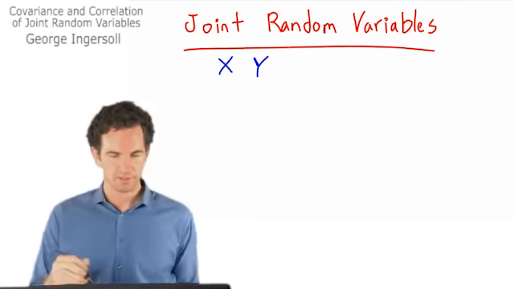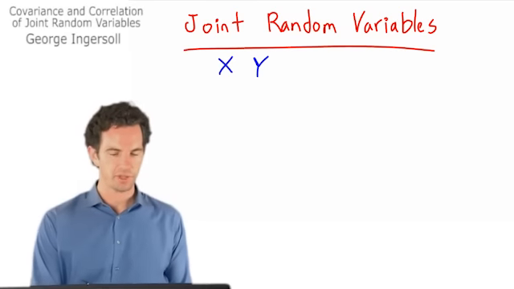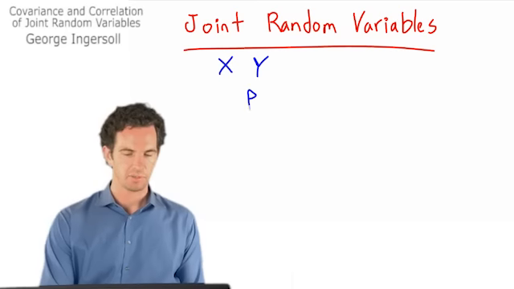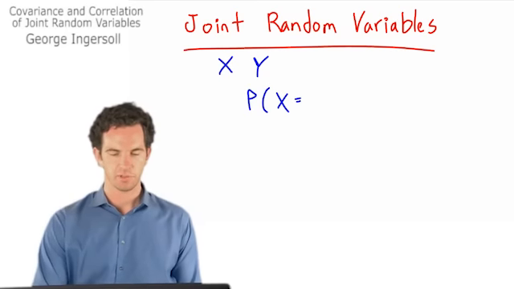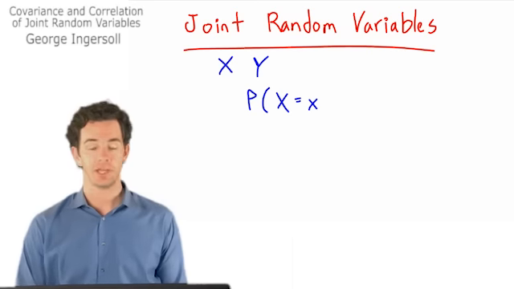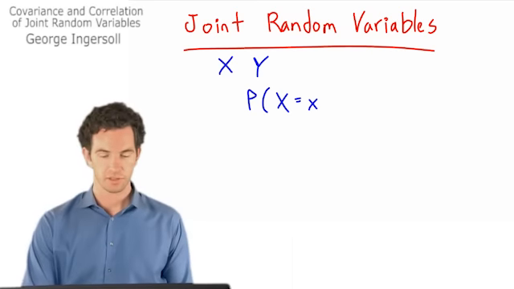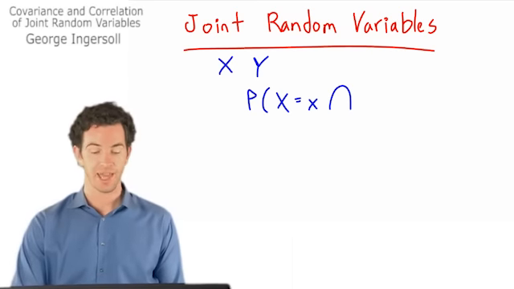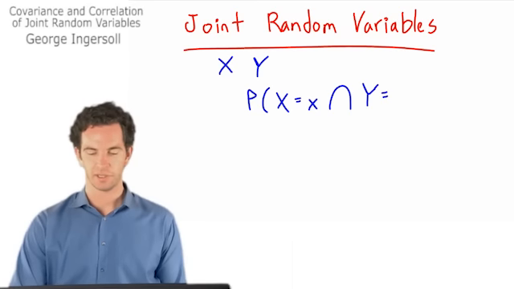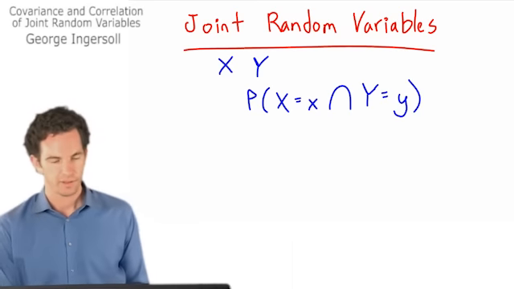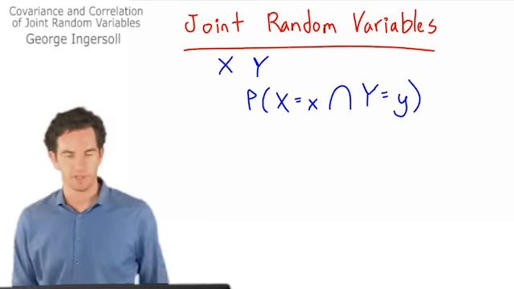So we might say the probability of one of those outcomes is the probability that X, our random variable, equals a lowercase x, and the intersection of uppercase Y equaling lowercase y. That's one possibility.